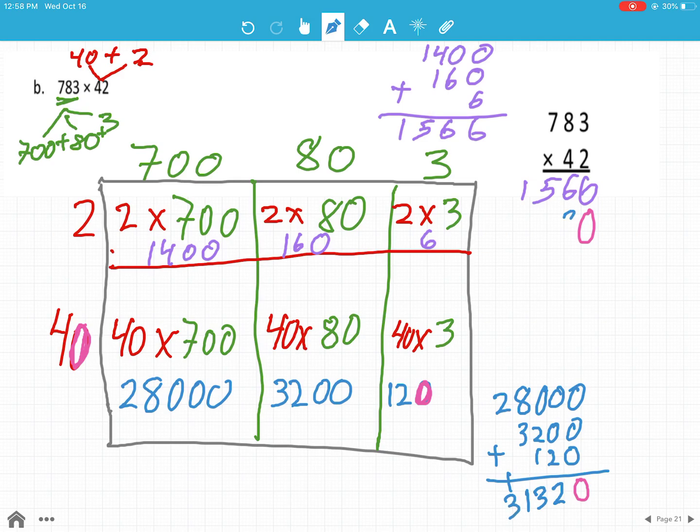So we have 31,320. I'm going to add them up. We have 6, we have 8, we have another 8, we have a 2, and then we have a 3. So 32,886. Okay.